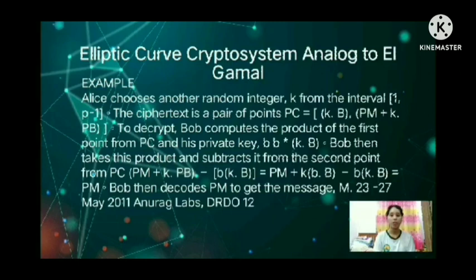Bob then takes this product and subtracts it from the second point: PM plus kPB minus bkB equals PM. Bob then decodes PM to get the message M.